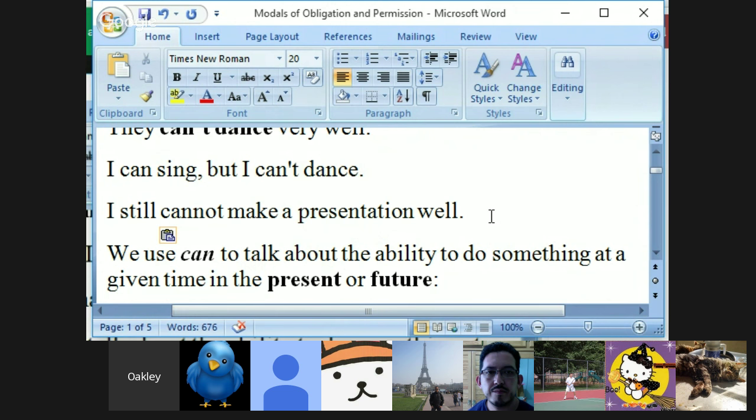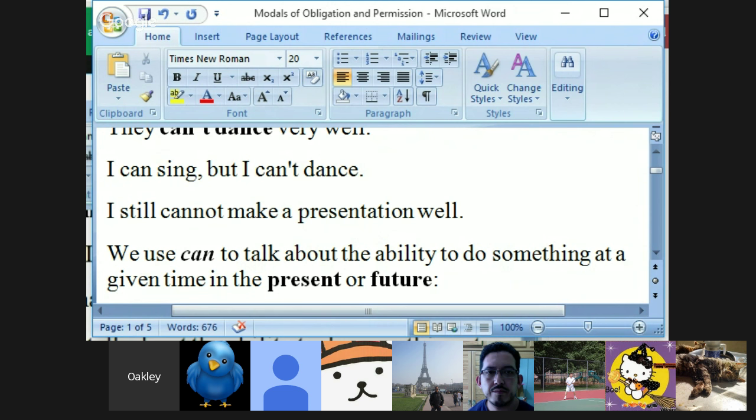Because it's a contrast, now I'm actually stressing can. So there will be times when you stress the word can, if it's a correction, for example. I want you to use can in a sentence. That's basically what I'm asking.